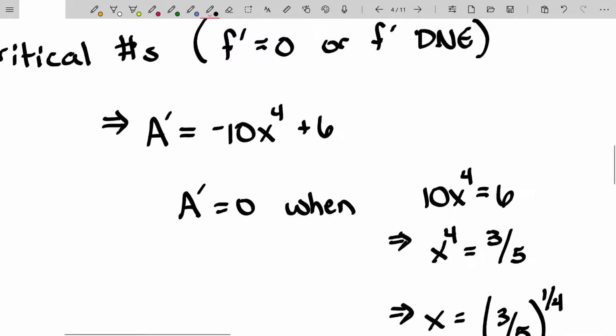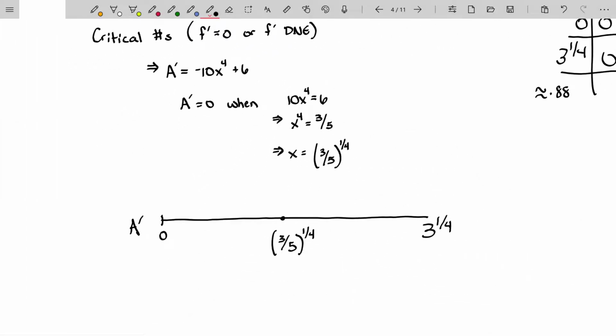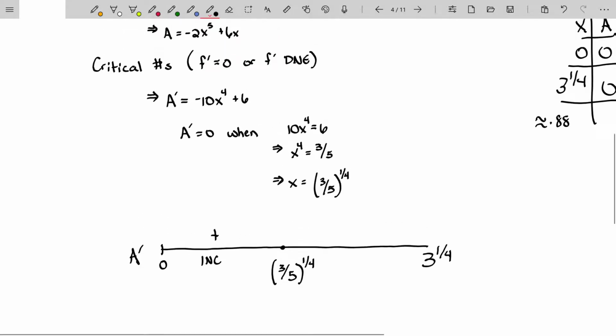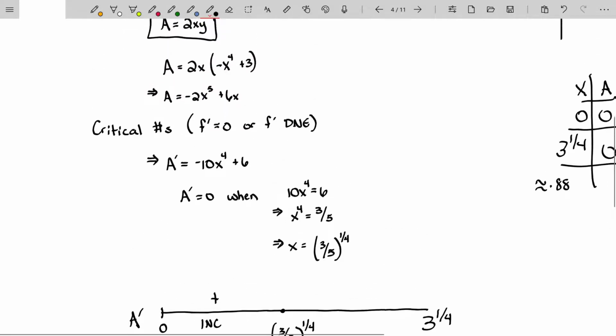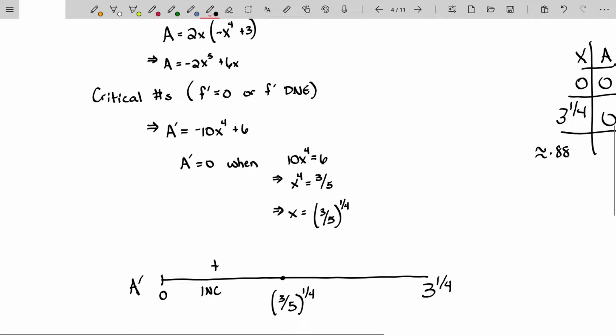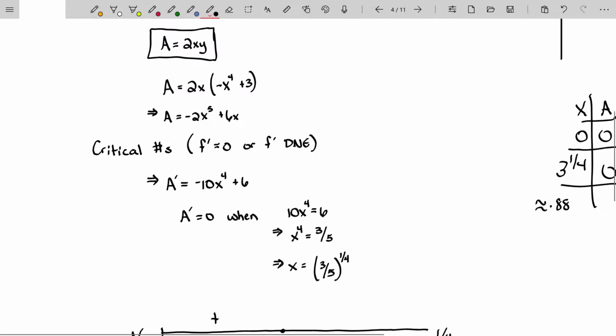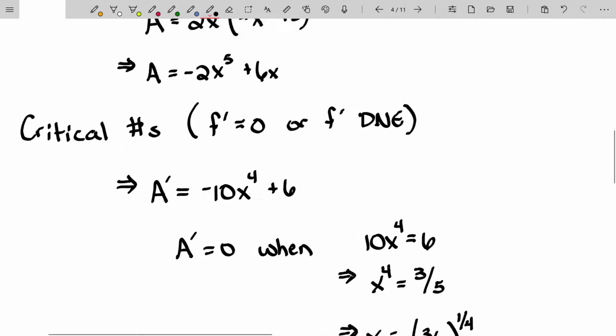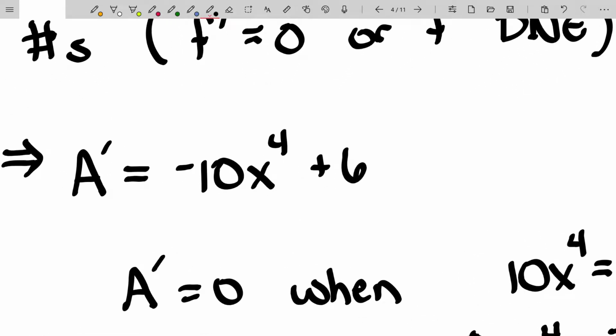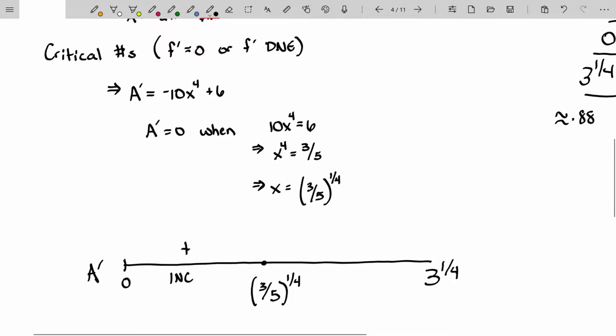Add 6, that's positive. So we have positive, so our function will be increasing. And then plug in any number that's greater than 3/5 to the 1/4 power. 1 is greater than 3/5 to the 1/4 power. So if you plug 1 in, you get -10 plus 6, which is negative.